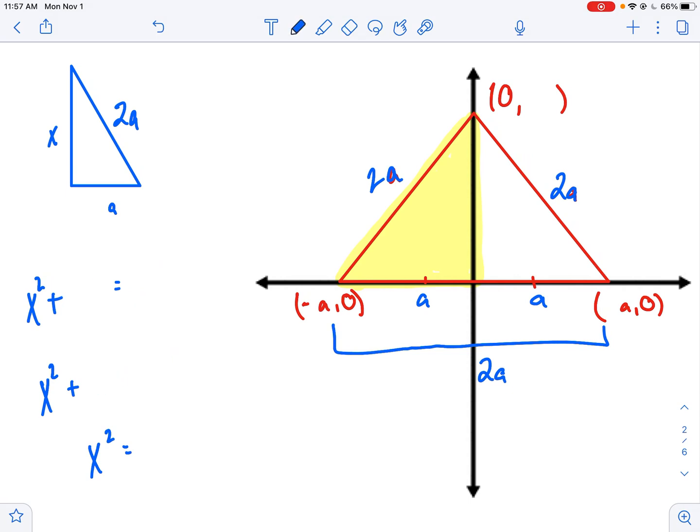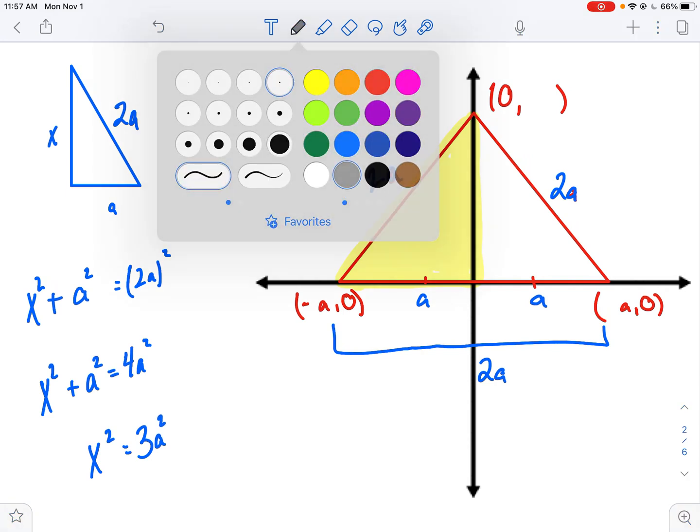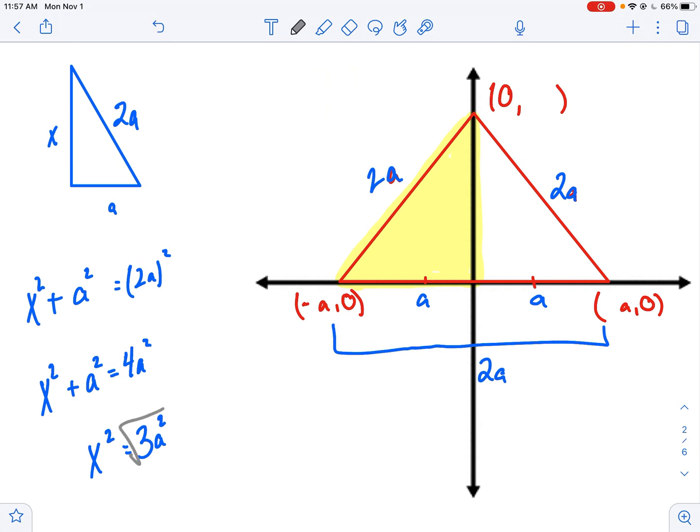Well, it would be x squared plus a squared equals 2a squared, or x squared plus a squared equals 4a squared. Or x squared equals, if I subtract 1a squared, 3a squared. So then the final question is, when I square root, what do I do with the value of x?